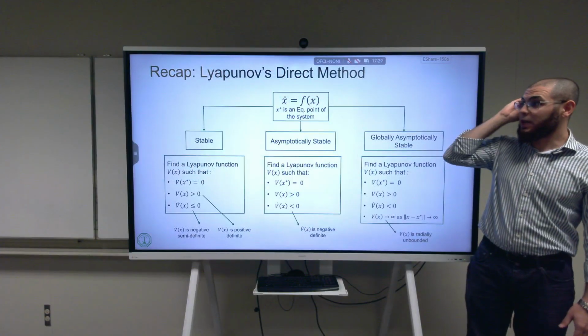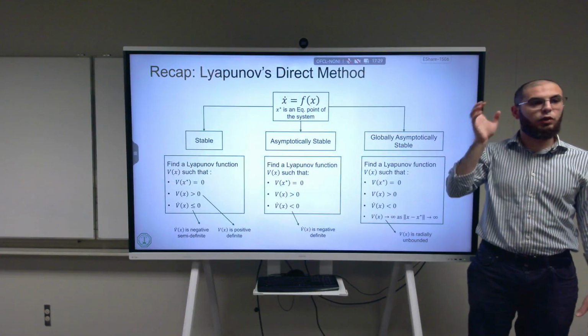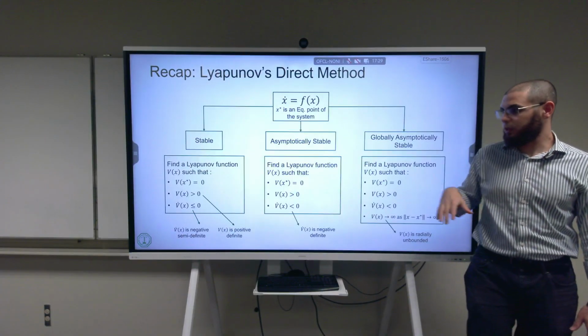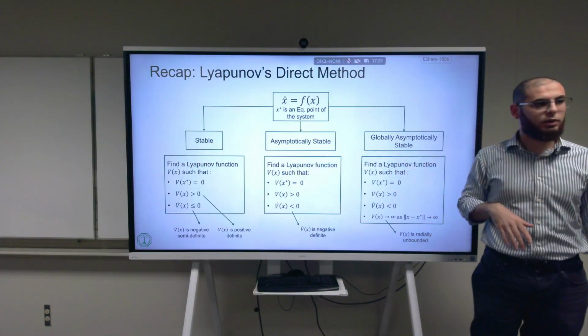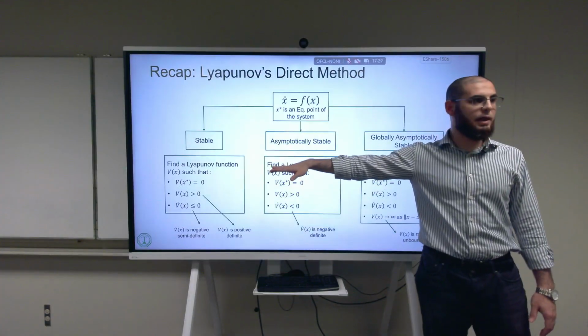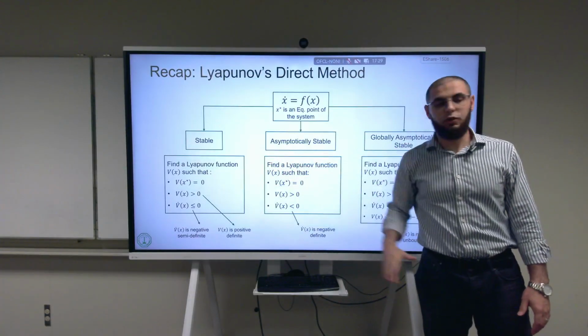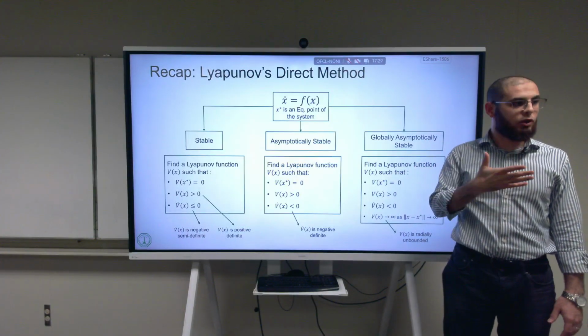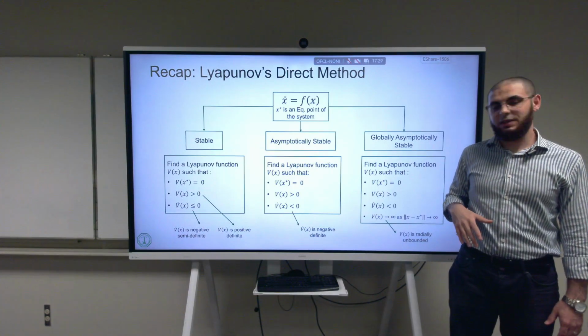We said that Lyapunov's direct method, if you have an equilibrium point under consideration you want to analyze, can tell you whether this equilibrium point is stable, asymptotically stable, or globally asymptotically stable. These are the basic requirements that you need to find. You need to find a positive definite function V of x, and its derivative along the system trajectory should be negative semi-definite.